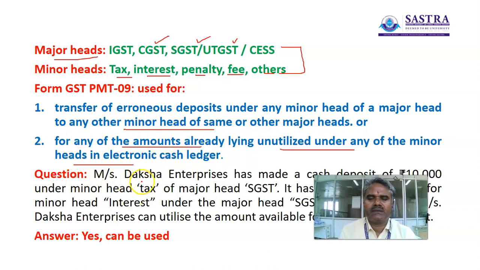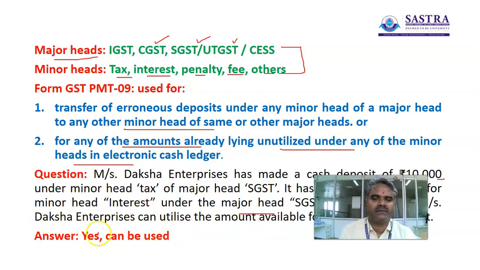Take for example, Akshaya Electrical Enterprises has made a cash deposit of 10,000 under minor head tax of major head GST. It has a liability of 2,000 for minor head interest under the major head GST. State whether Akshaya Enterprises can utilize the amount available for payment of interest.